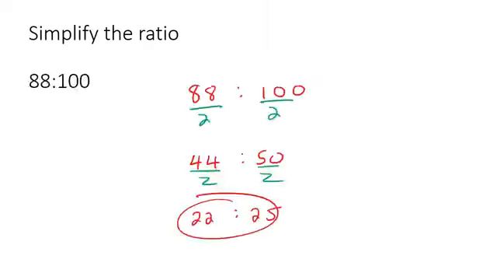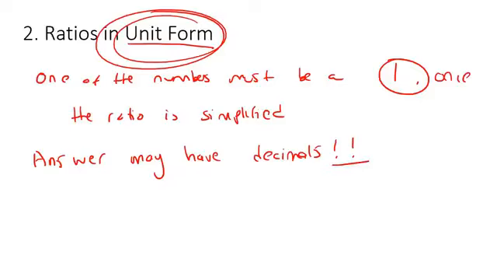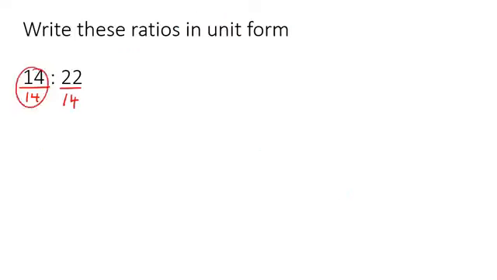But when we are doing unit form, the answer may have decimals. Then it's okay. All right, so 14 divided by 14 is 1. And then 22 divided by 14, you can just chuck that onto the calculator because it's going to give you some ugly decimals. And just round to like 2 decimals or whatever your teacher asks for. So that'll be 1.57. So you see it's got a decimal, but that's okay when we're using unit form.